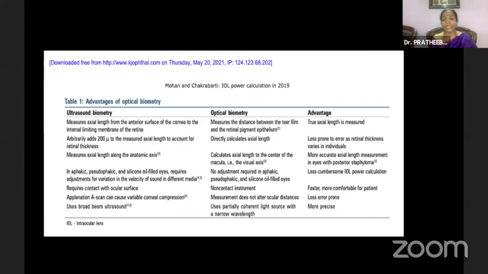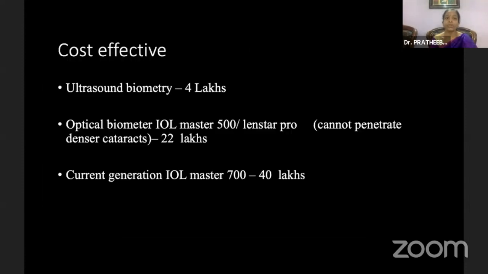So generally, optical biometry is definitely superior. However, when it comes to cost effectiveness and efficiency, ultrasound biometry is definitely superior, and it is highly practicable in today's practice also.